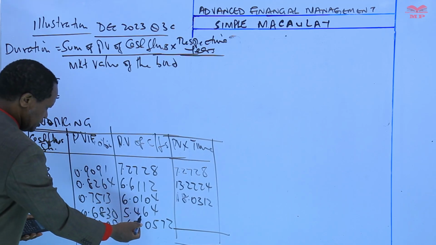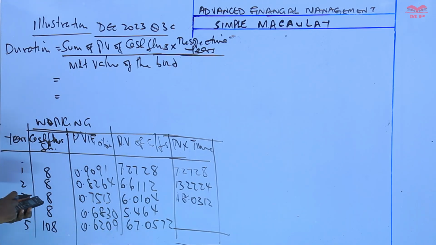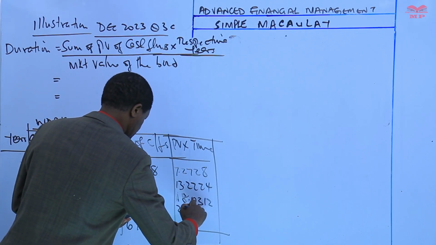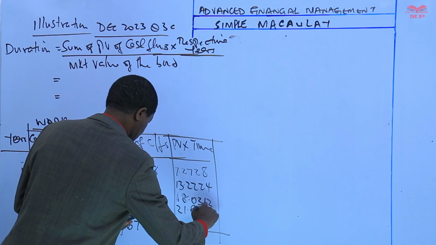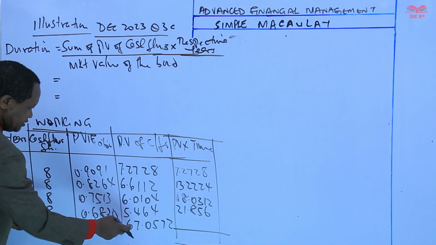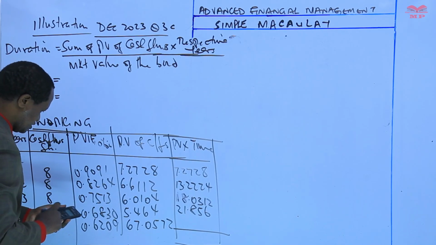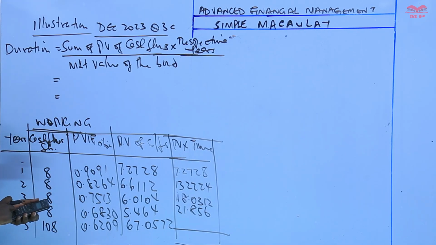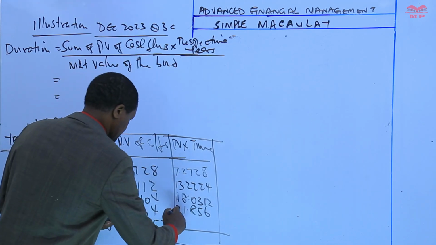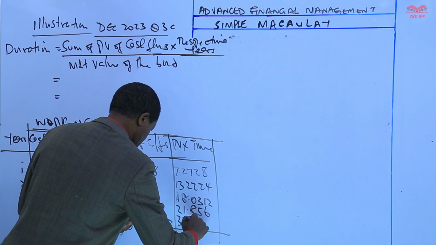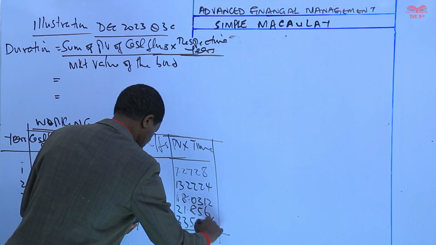5.464 times 4, which is 21.856. Lastly, 67.0572 times 5, which is 335.286.